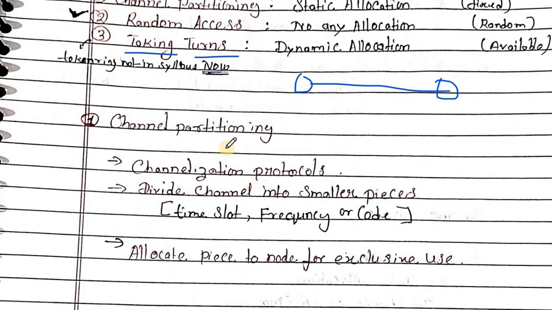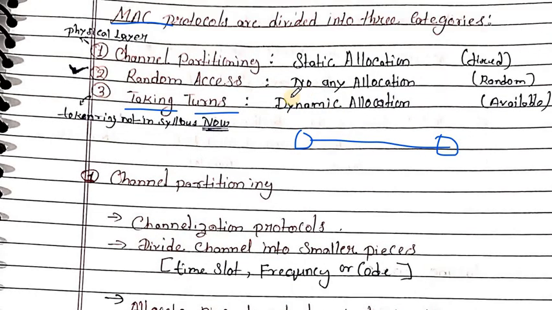In taking turn, there is a dynamic allocation. Dynamic allocation means if a host wants to send data to the channel and the channel is free, then the host can send the data.